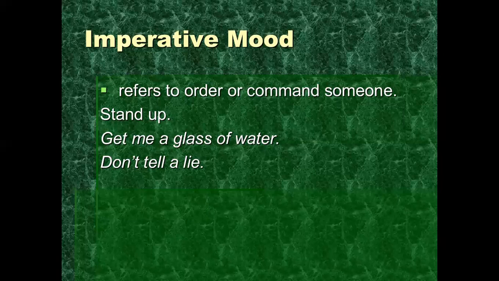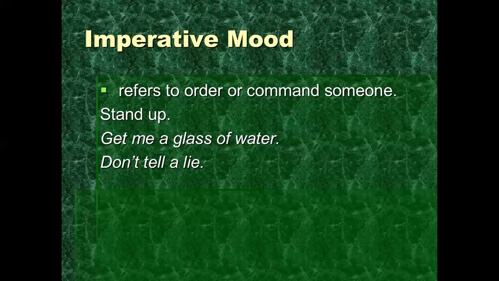For example, when you say stand up to someone, he or she understands that he or she is being instructed. So you don't need to say you stand up, because the one you're talking to, it's understood that person is being instructed.